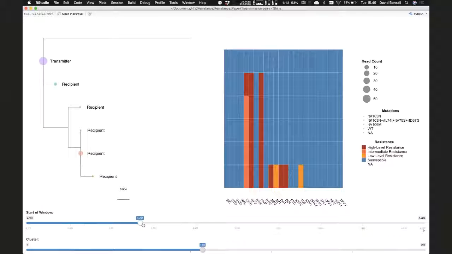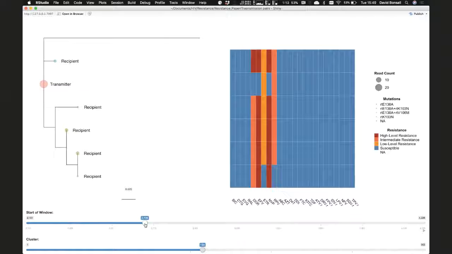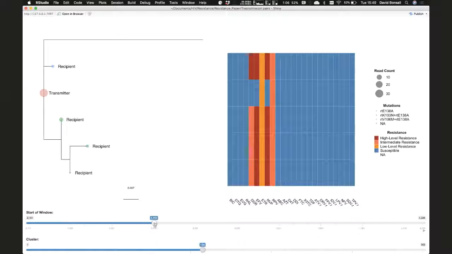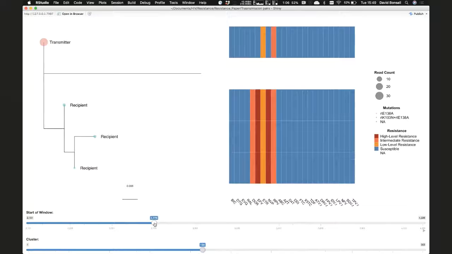If we scan across the genome, as phyloscanner does, you can see that the transmitter had an E138A mutation, in fact, but then the recipient seems to have more, and so you get a feel for how that seems to have emerged.